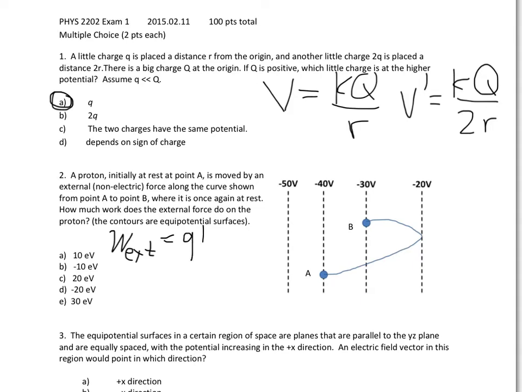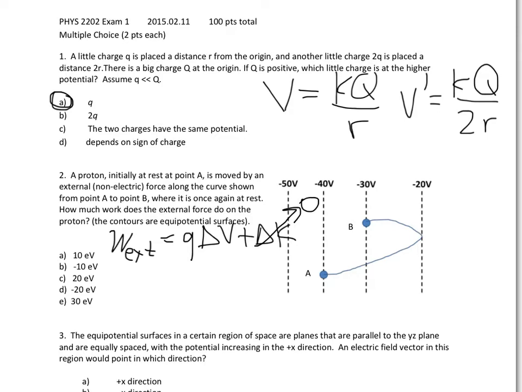So that's W external equals q delta V plus delta K. That's the fundamental formula. The only thing that this depends on is the charge, the change in potential, and the change in kinetic energy. In this case, the particle is initially at rest and finally at rest also, so the change in kinetic energy is 0.